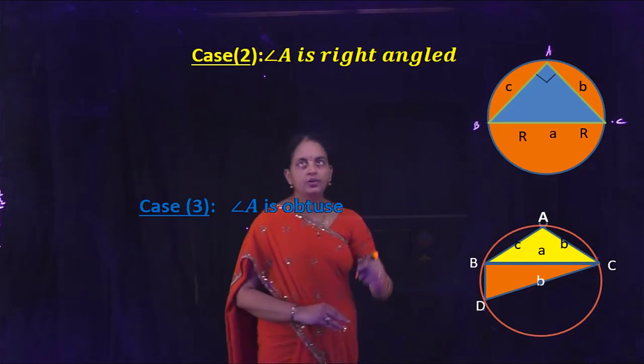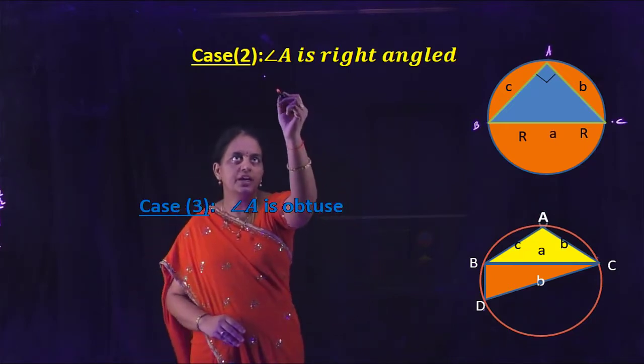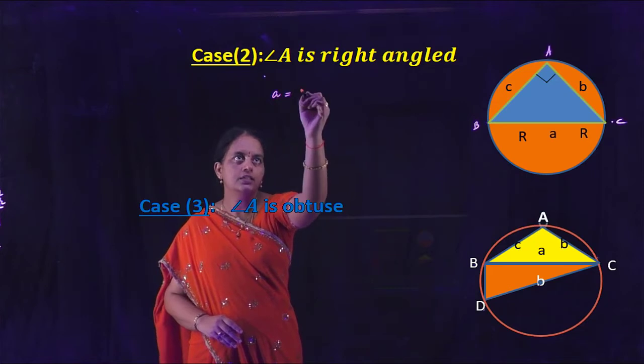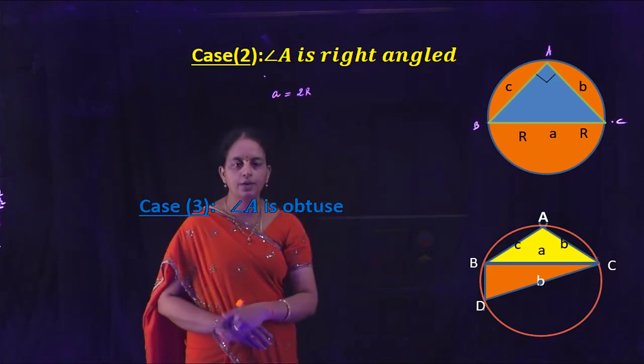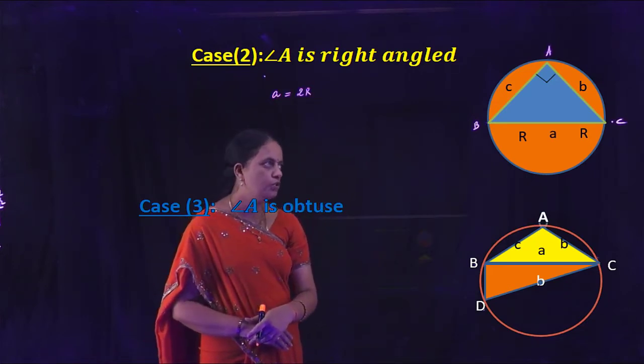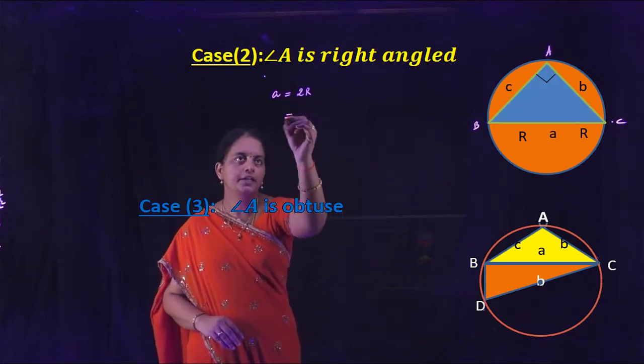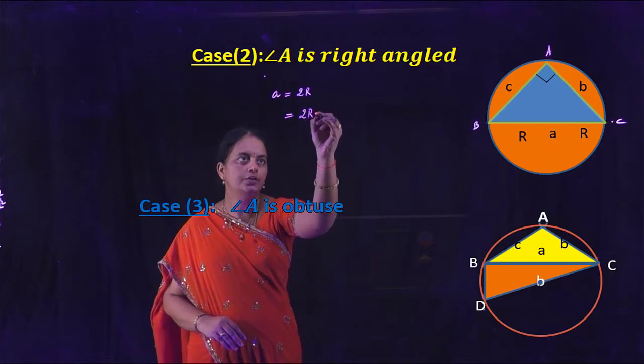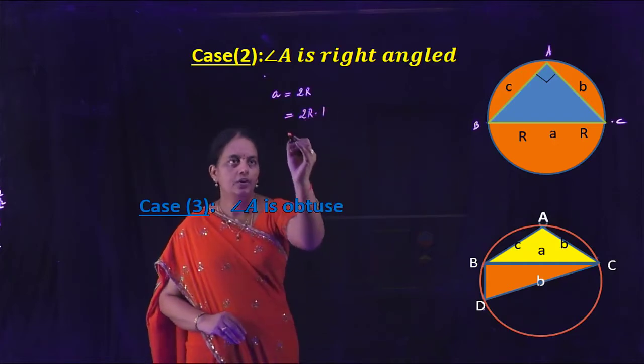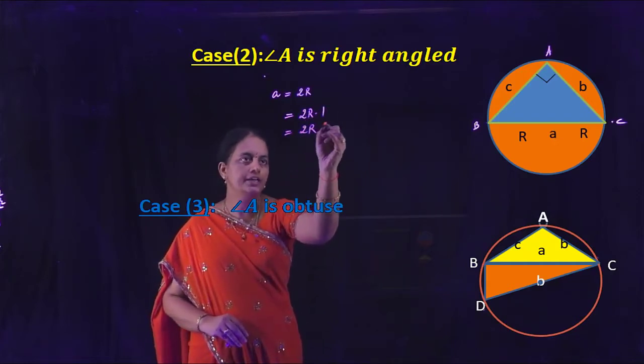So, from the figure we can write BC, that means small a, is equal to 2R. It can be written as 2R into 1. We know that 1 is equal to sin 90.